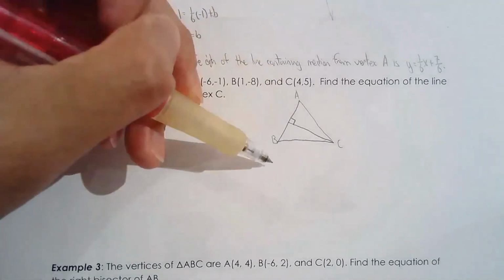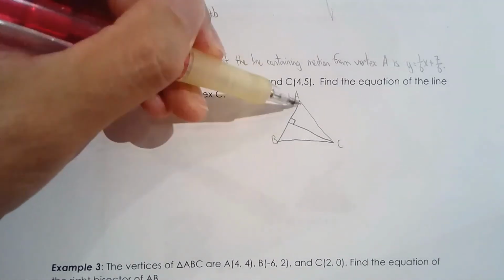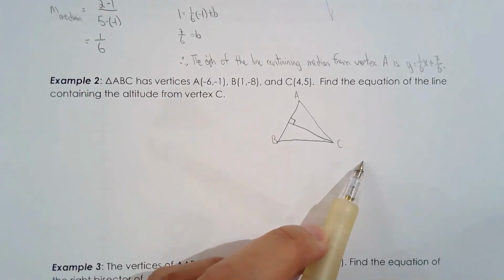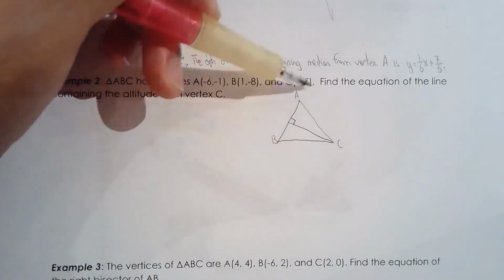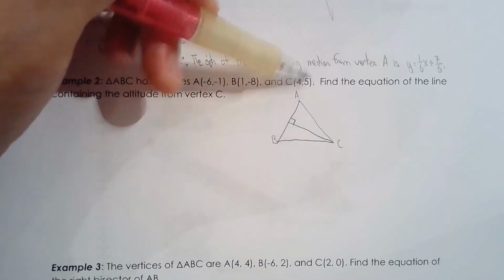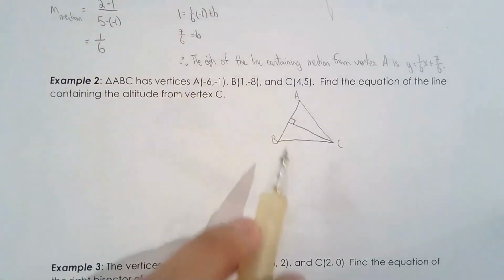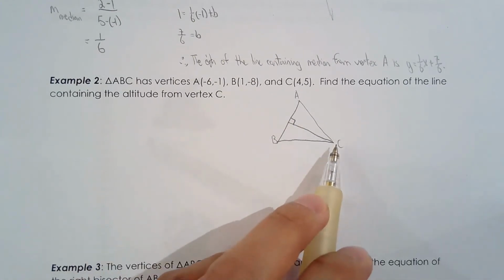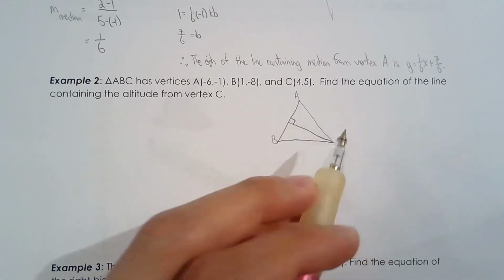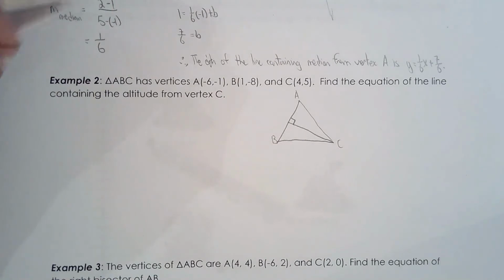So let's, to find the slope of this line, I should find the slope of this line, right? Slope of line AB, and that will give me the slope of the altitude because they are negative reciprocals. And then I can sub in point C, because with a slope and a point, I can find the equation of a line, right?